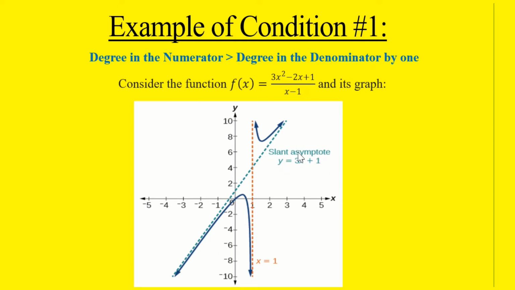The way in which we can find the equation for this slant asymptote is to simply apply long division or synthetic division. Just remember, if the degree in the numerator is larger than the degree in the denominator, then we have no horizontal asymptote.